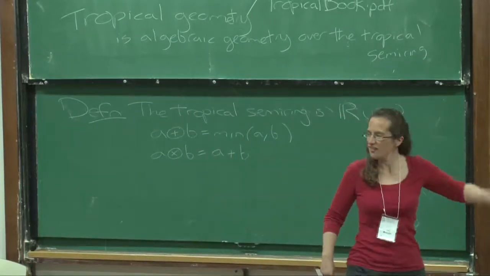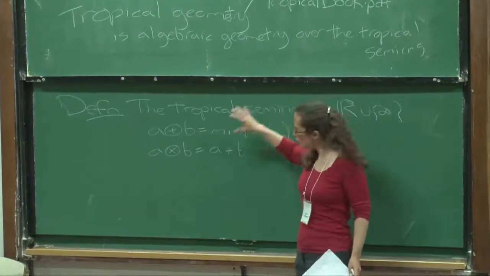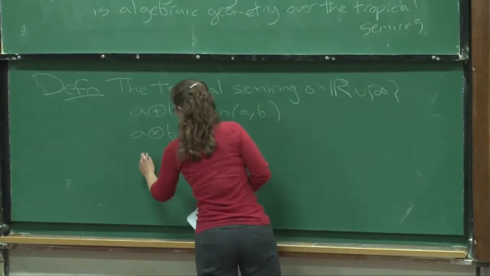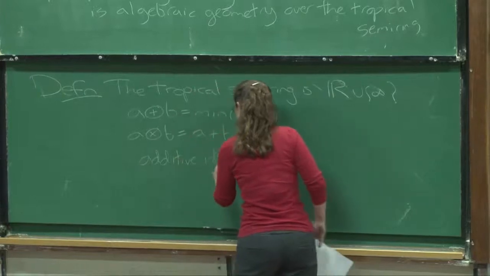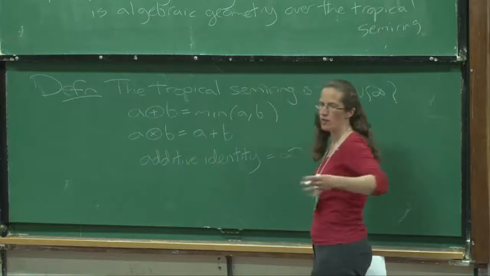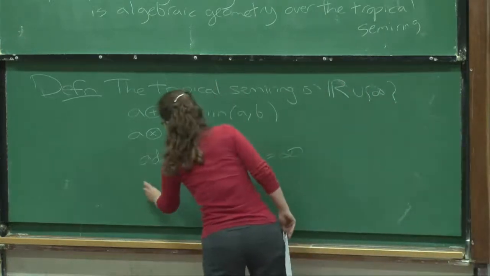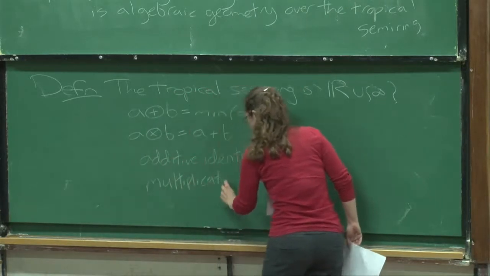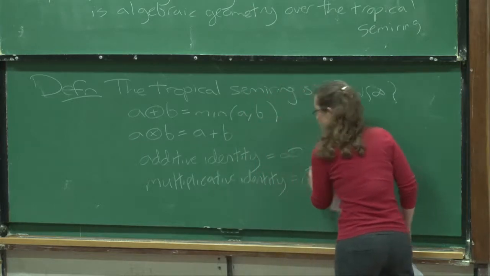Okay, so we can see these are distributive, they're associative. We have here the additive identity, which is infinity. The minimum of 7 and infinity is 7. And the multiplicative identity is 0.